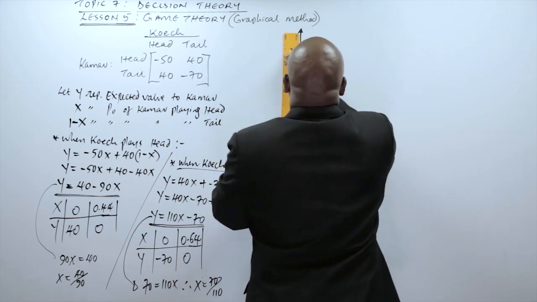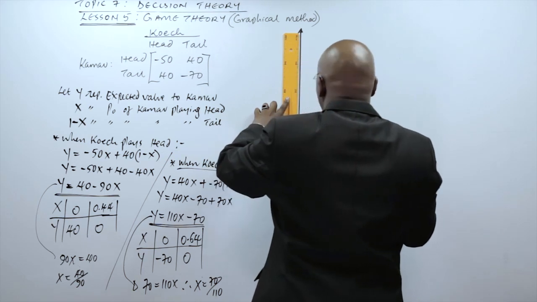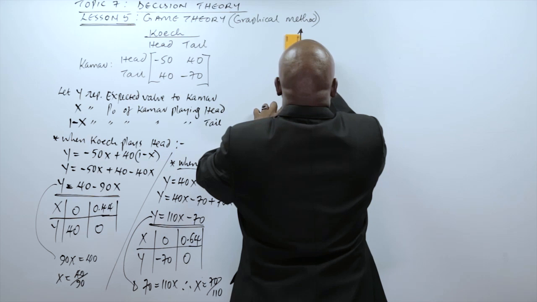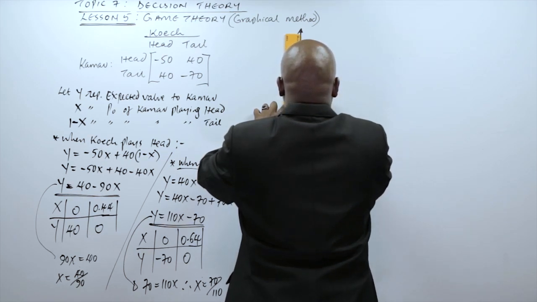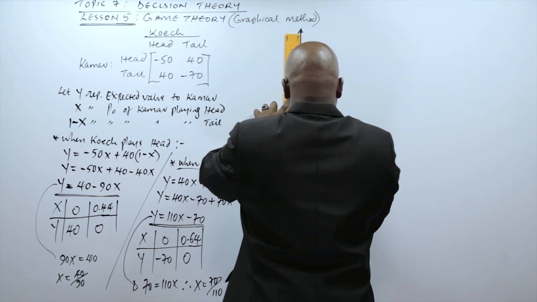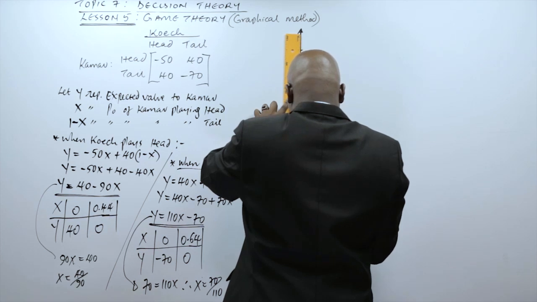So if we give a scale of 1, 2, 3, 4, 1, 2, 3, 4, 5, 6, 7.